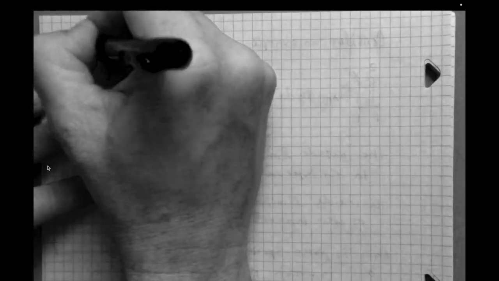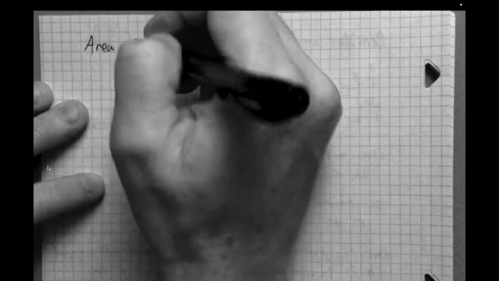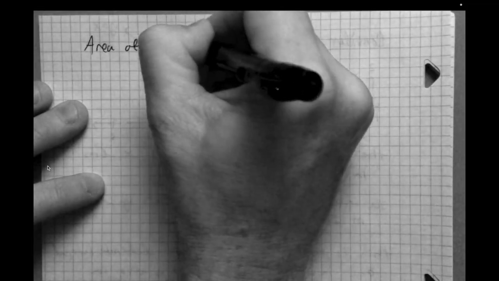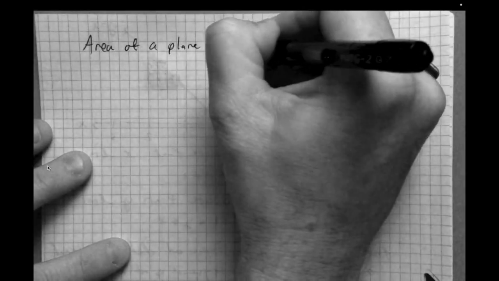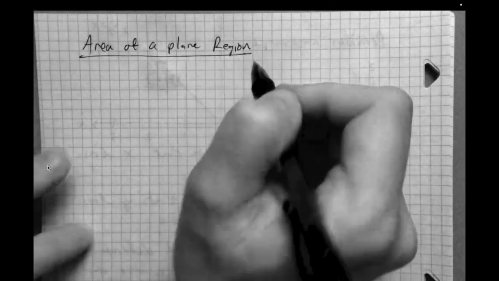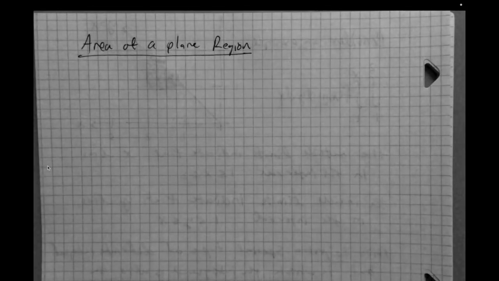Well, before we do an example, let's talk a little bit more about how this ties in with the definite integrals we've seen previously. Previously we talked about area of a plane region. We discussed a lot of this in Calculus 2, using the integral calculus.